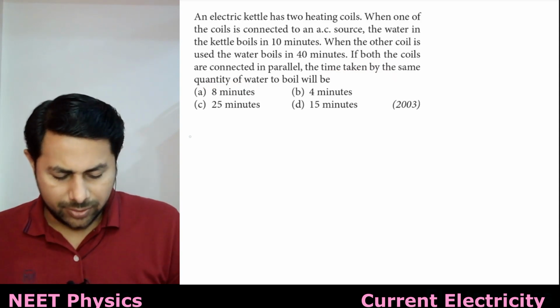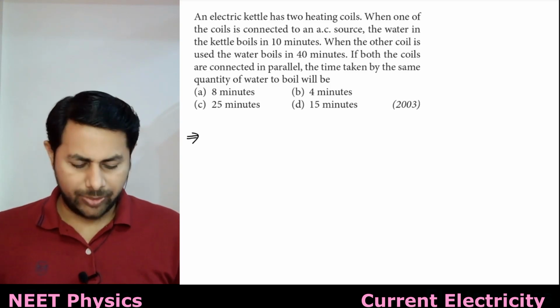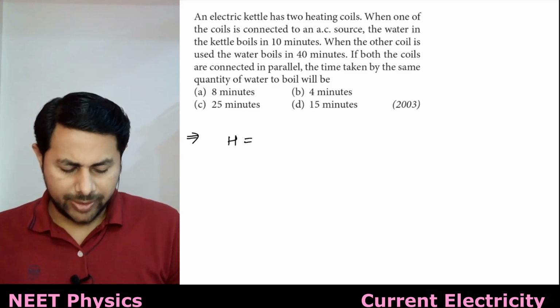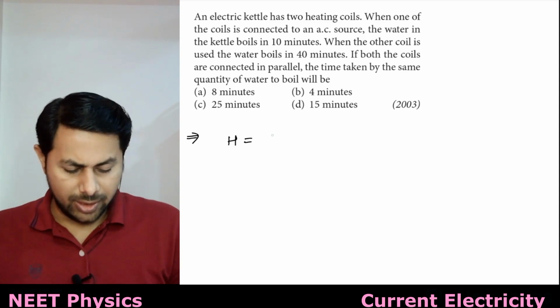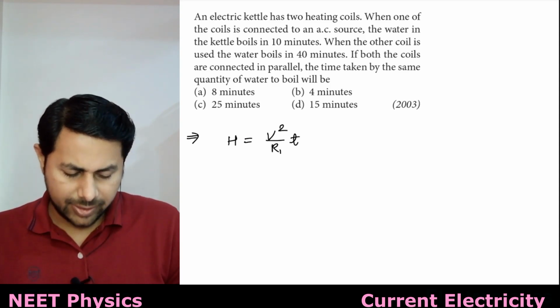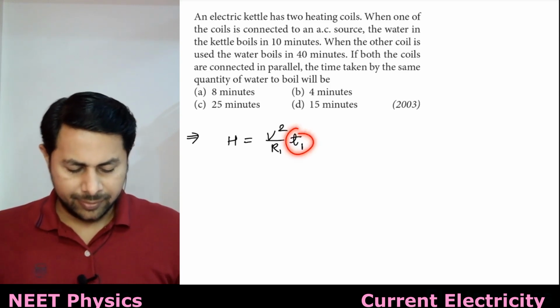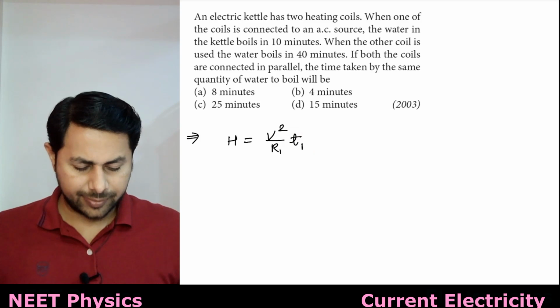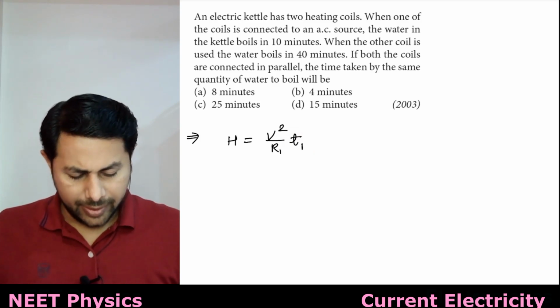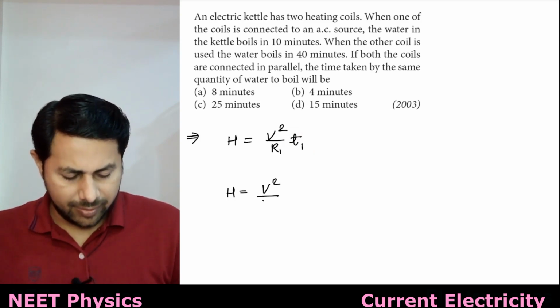Okay, so now suppose you need a particular amount of heat to boil the water. So in the first case, you can say heat is equal to V square upon R1 times T1, taking time T1. Then in the second case, you can write that H is equal to V square by R2 times T2.